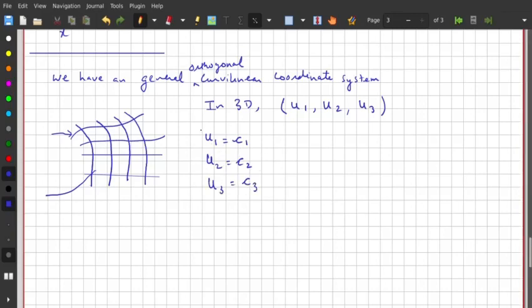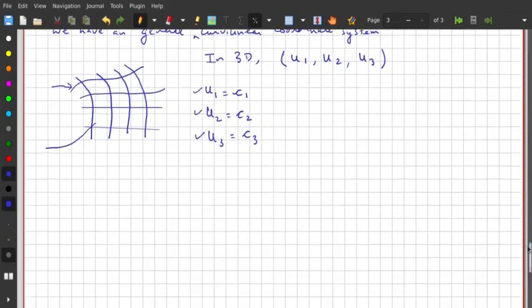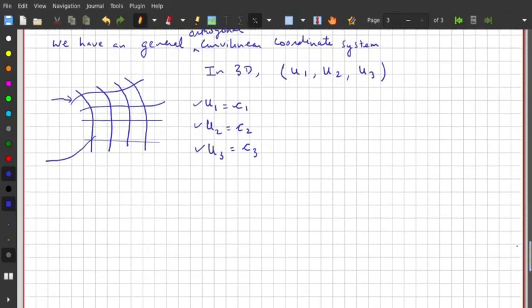A set of these 3 equations defines all the iso surfaces in that coordinate system. Here C1, C2, and C3 are constants. If you take each of these, let's say this and this, they will intersect at a curve, like so.